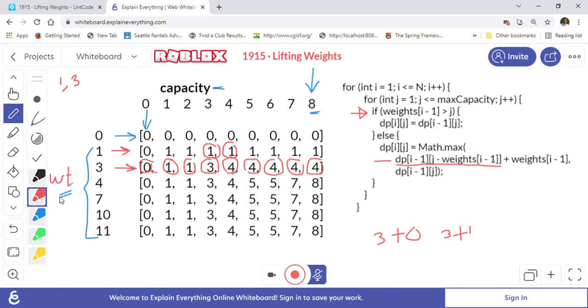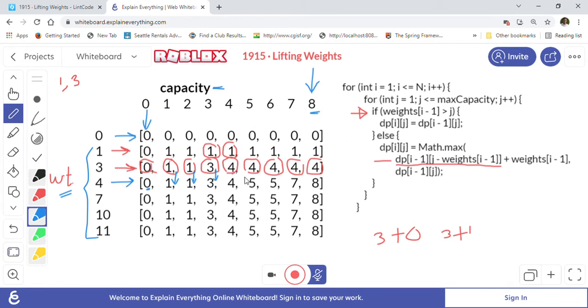Now we are going to fill the next row, which is this one, right? So 0 capacity means we will put 0 here. This one will come from above, this one will come from above, this 3 will come from above, and here we have to calculate now why it is coming from above, because 4 is greater than 3, right? So it will just come from above in that case.